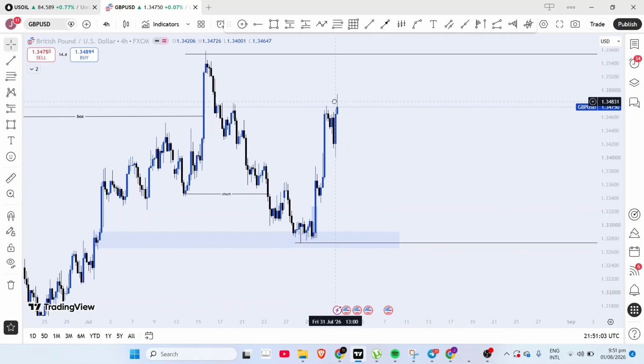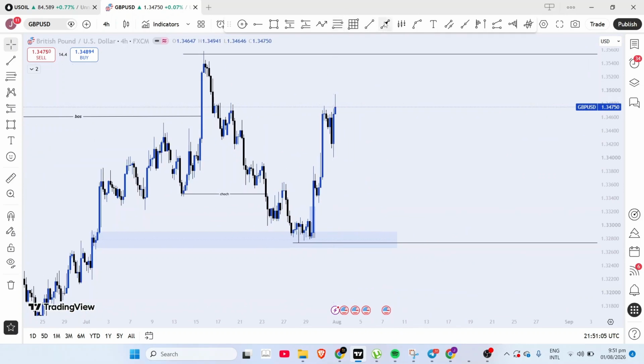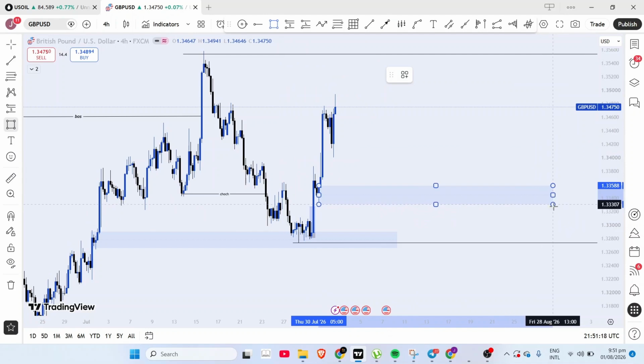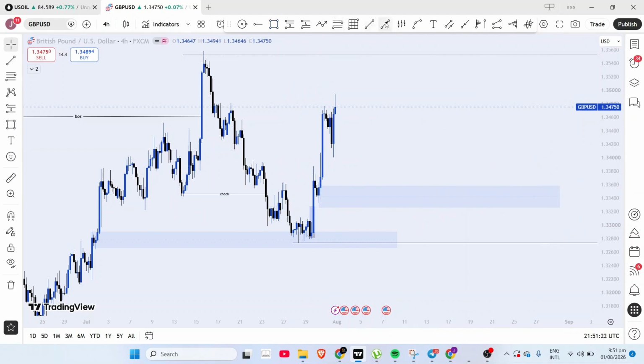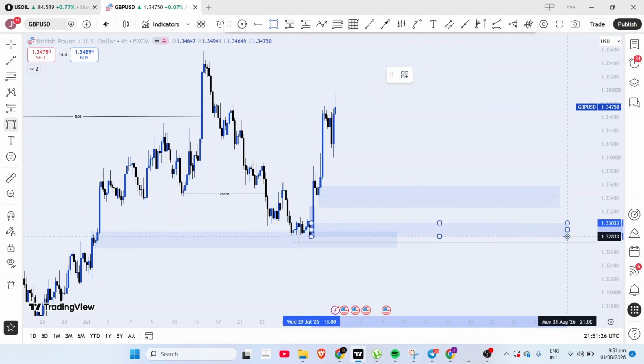If price can retrace into any of these areas to find a point of interest, then we continue to the upside. I'm thinking we can come back to this point of interest first, or if it does not hold, then we can come back to the lower zone right here.